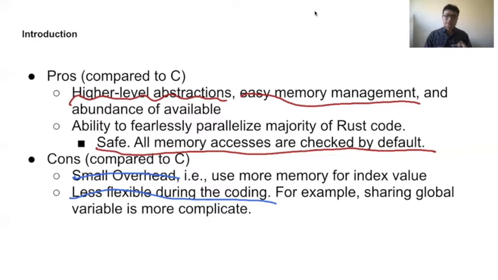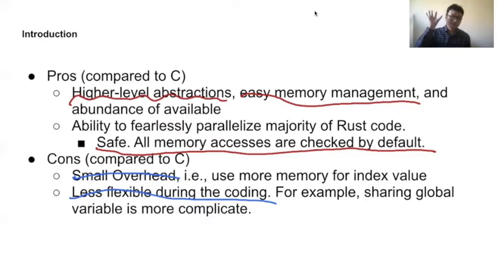Because these programming languages try to check the memory access automatically, it might not allow you to do some assignment or manipulation of specific variables, even global variables. So compared to C, there is less flexibility in this parallel programming coding.